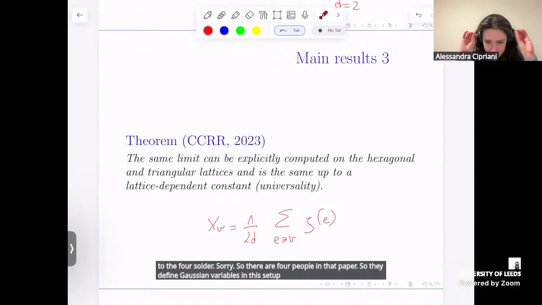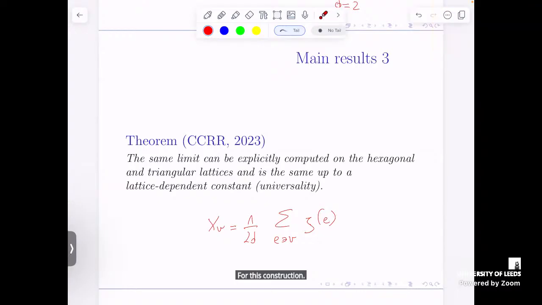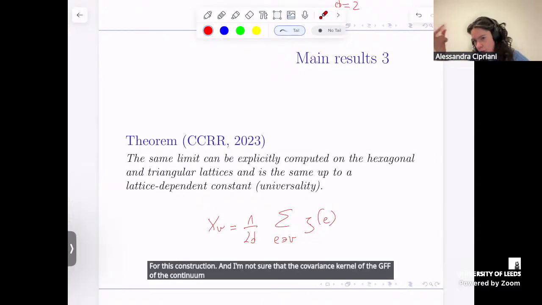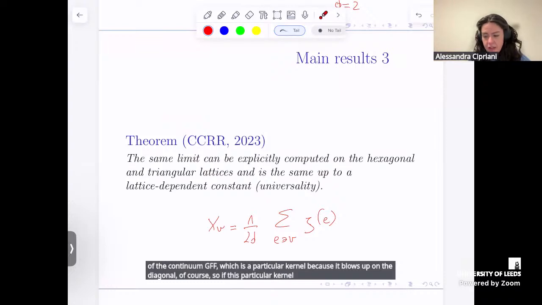I'm not sure, though, that in their case, for this construction they need a covariance matrix, and I'm not sure that the covariance kernel of the continuum GFF, which is a particular kernel because it blows up on the diagonal, of course, fits into the assumptions that they have for the construction of Grassmannian Gaussians.